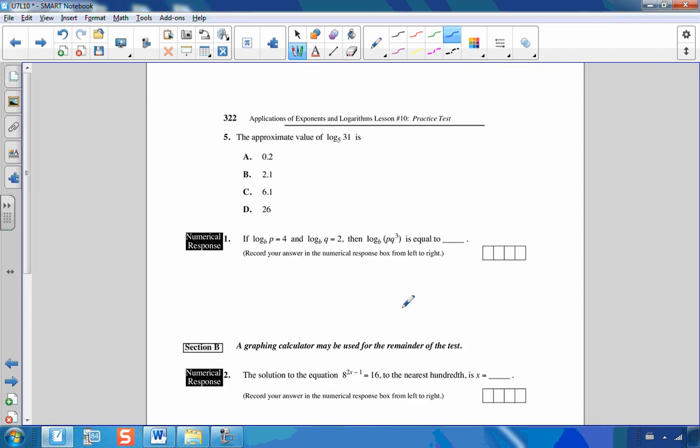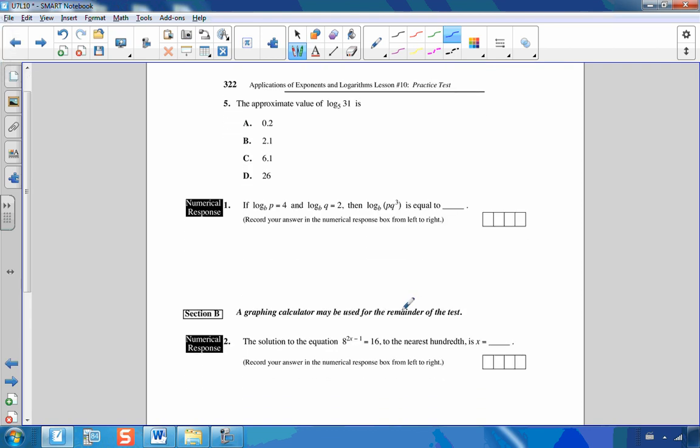Okay, the approximate value of log base 5 of 31. You could just put this into your calculator, but they're intending this section to be done without a calculator, just to review some of the rules of logs that we've done. So log base 5 of 31. The base is 5, so let's think about powers of 5.